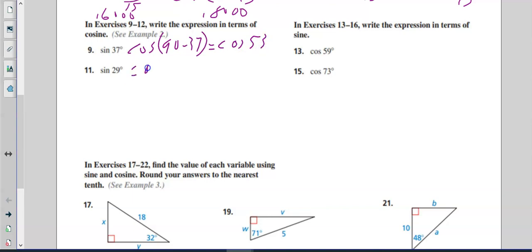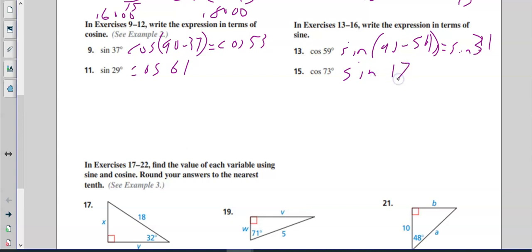And the sine of 29 is the cosine of 61, which is 90 minus 29. Same thing over here. Cosine of 59 is going to be the sine of 90 minus 59, or sine of 31. And this is going to be the sine of 90 minus 73, which is 17.